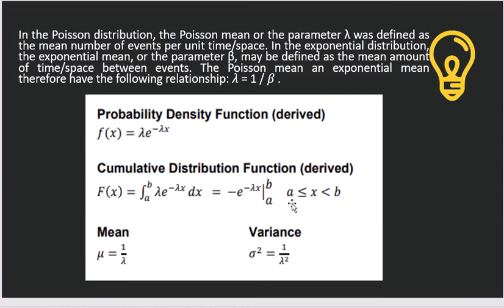So make sure that a is less than or equal to x, and x is less than b. In terms of mean, 1 over your Poisson mean, and your variance will be 1 over the Poisson mean squared.